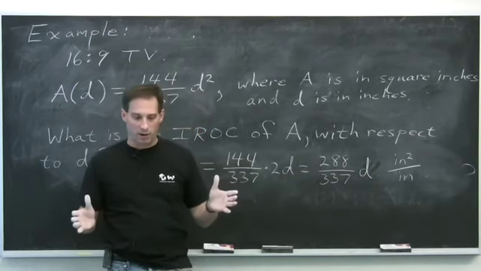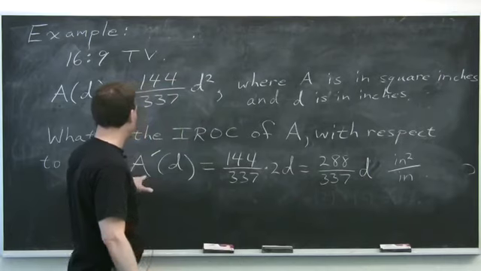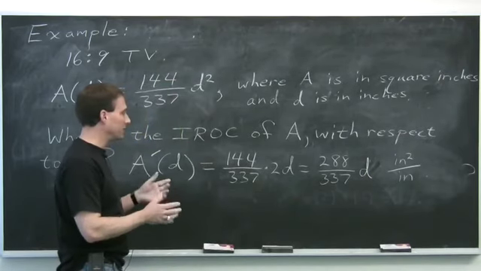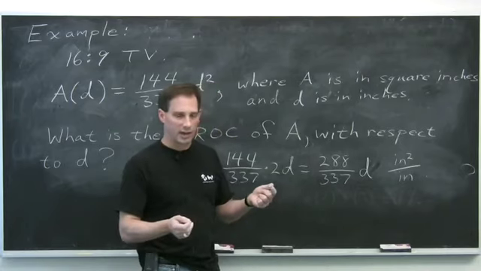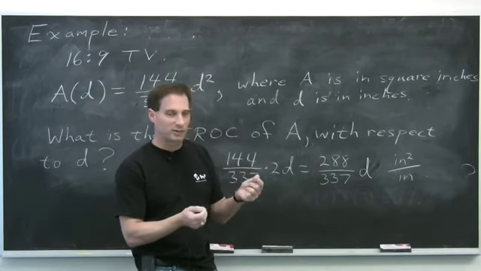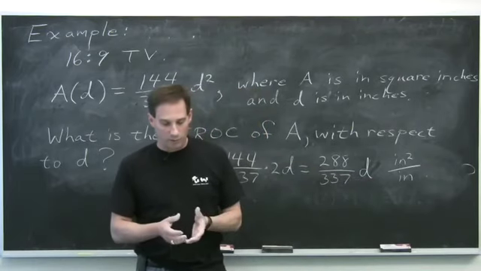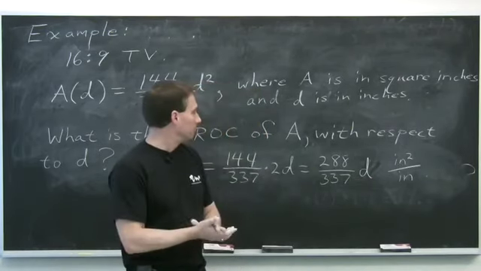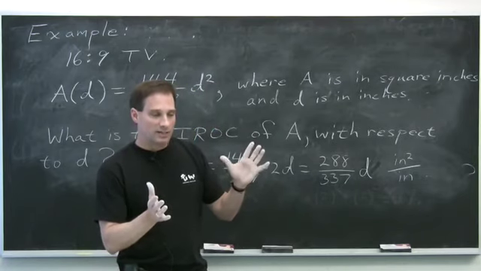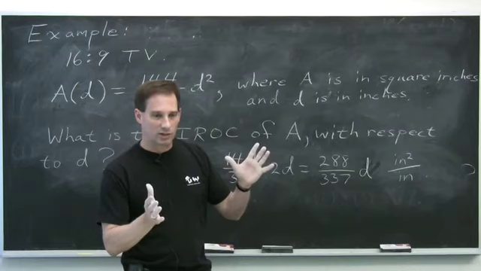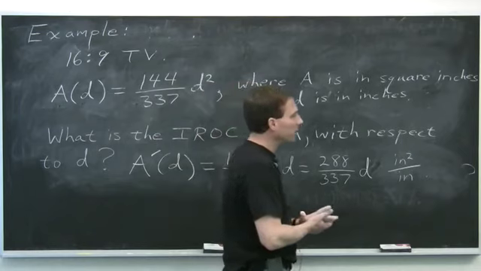So if you start with a bigger television, one with a bigger diagonal measurement, then the rate of change in the TV as you add inches to the diagonal measurement, so if you were thinking, maybe I should get a slightly bigger TV, the rate of change is bigger for a bigger d. So if you increase the diagonal measurement of a bigger widescreen television, you actually add more inches than if you add the same number of inches to a small screen television.